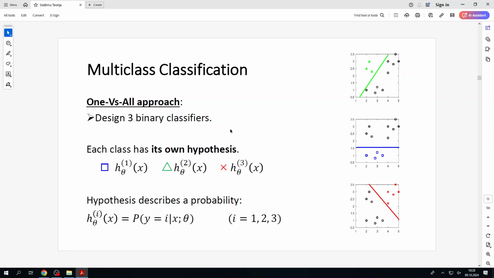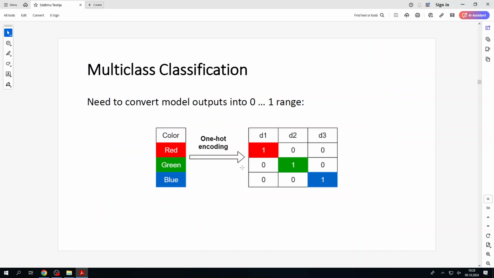And then you simply calculate, as a result of this hypothesis, a probability of your data point being either square, triangle, or cross, and define it as a maximum probability among all of those three.